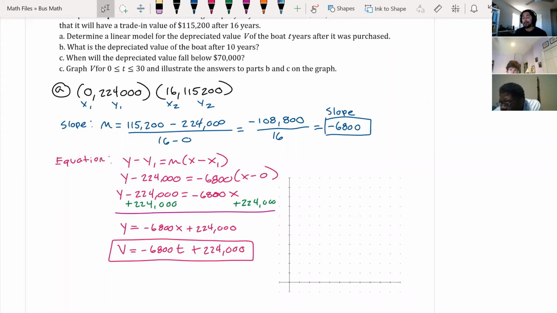And like I said, nothing new here. Everything we've been doing today, given points, find slope, find an equation, nothing new, just a different type of problem.